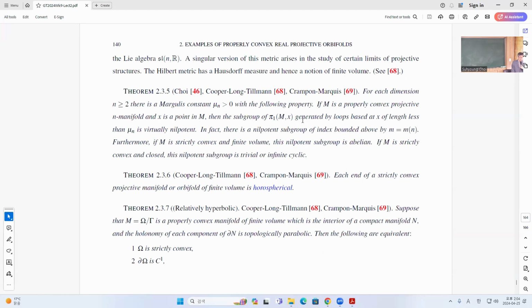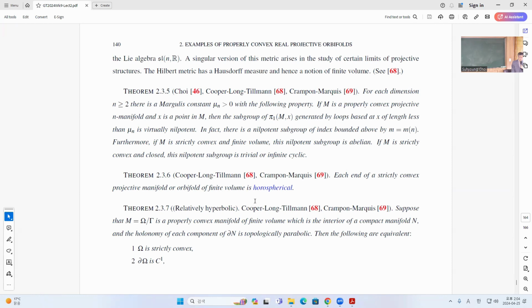This is a generalization of the Margulis lemma for hyperbolic manifolds. I did this for dimension 2, and then they did it for higher dimensions. They also generalize this to the Hitchin component as well.